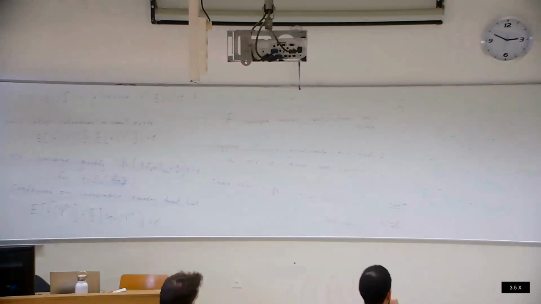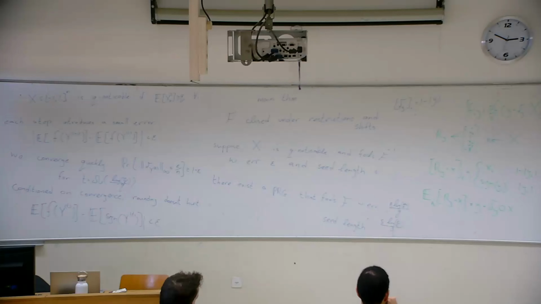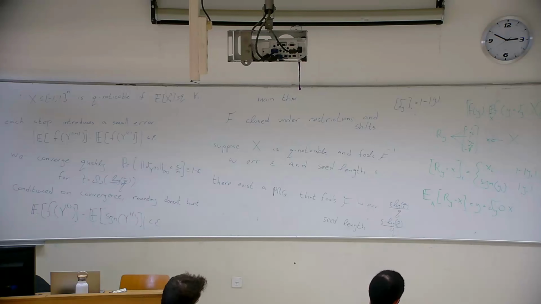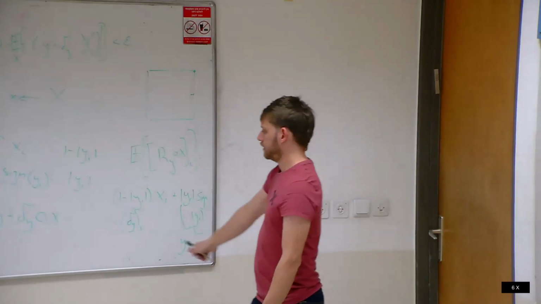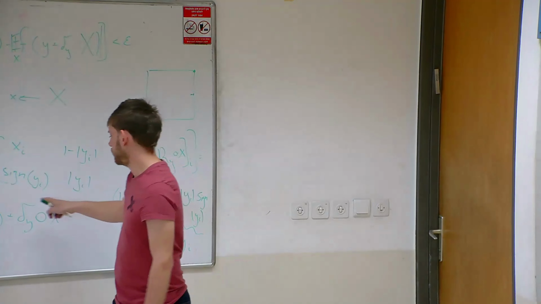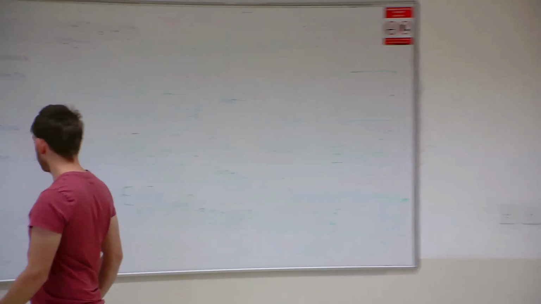This is just yi, the absolute value times the sign. And this is just delta yi. So taking all the coordinates at once, we get this.